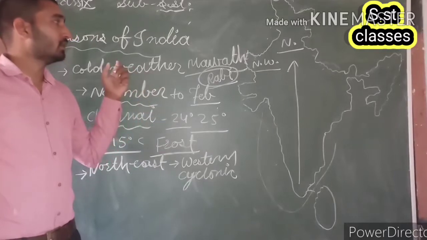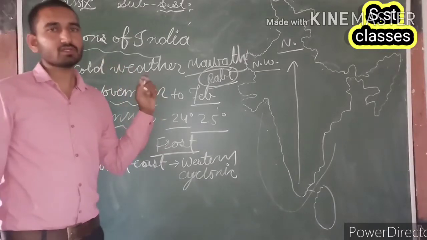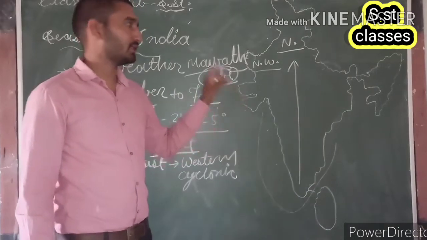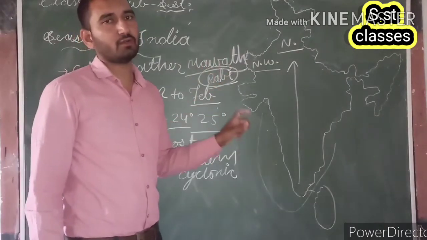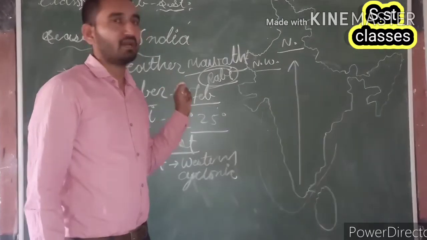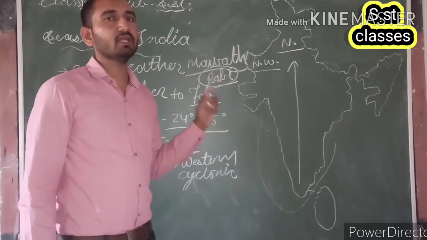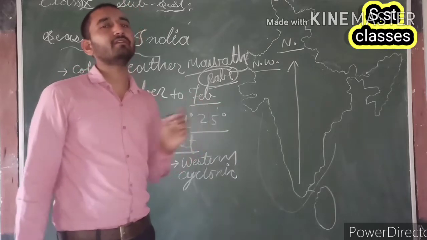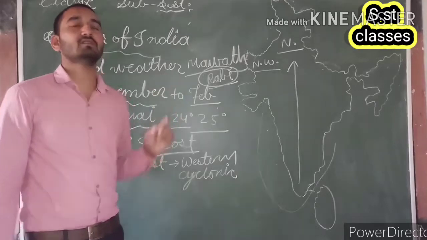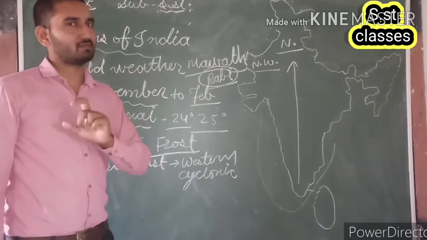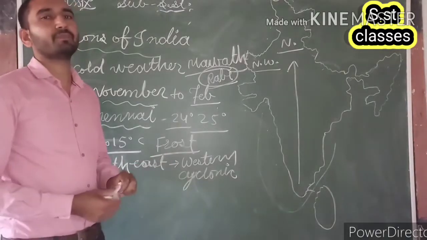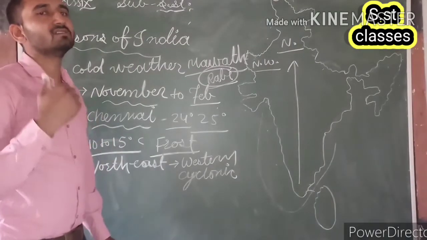Mawat means the rainfall caused by western cyclonic disturbances in the north and northwestern part of the country, locally known as Mawat. Is that clear, guys? So these are the major features related with the cold weather season.